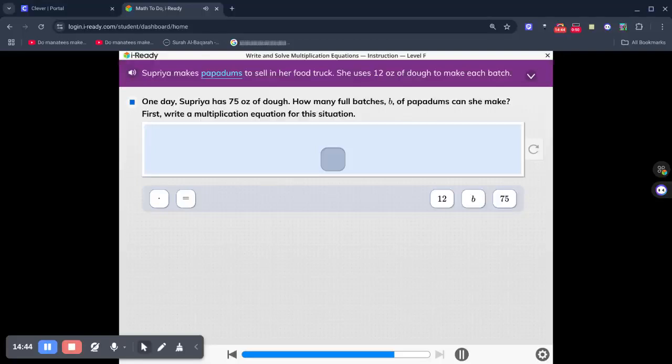One day, Supriya has 75 ounces of dough. How many full batches, B, of papadums can she make? First, write a multiplication equation for this situation.